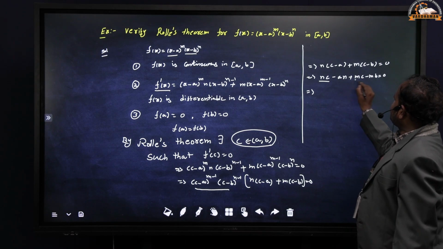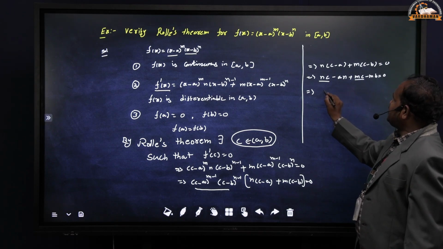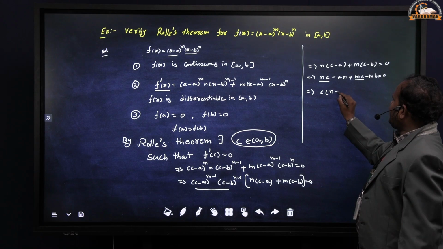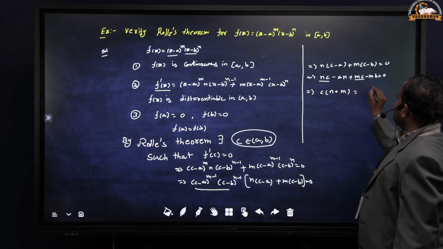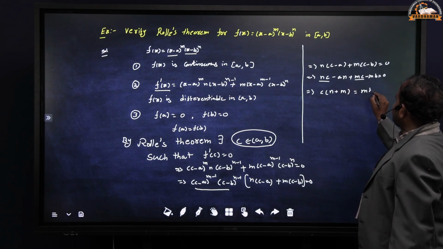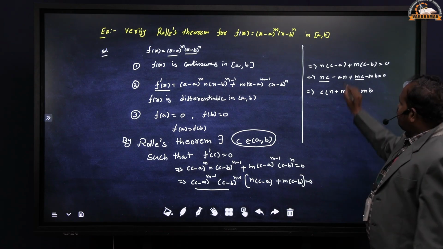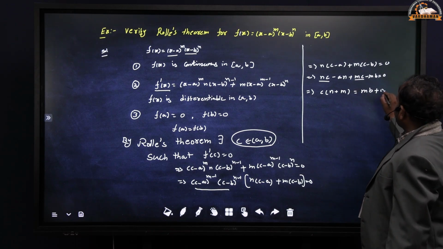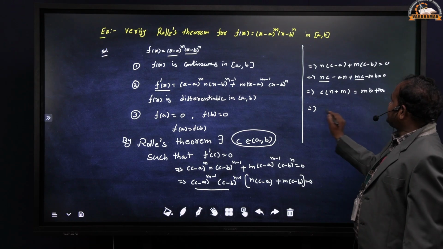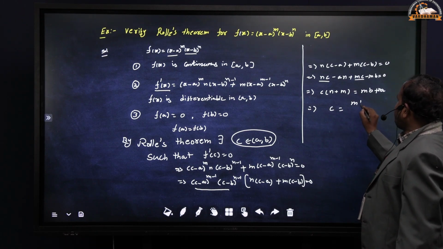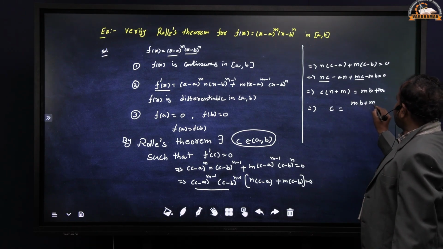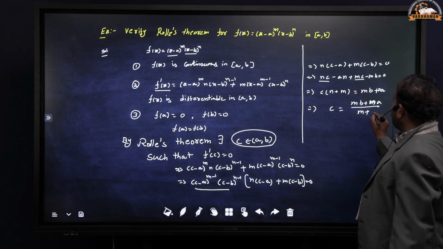This one and this one have c, take out common c. c into (n plus m) is equal to, minus mb comes to this side plus mb, minus na comes to this side plus na. That implies c is equal to (mb plus na) by (m plus n).